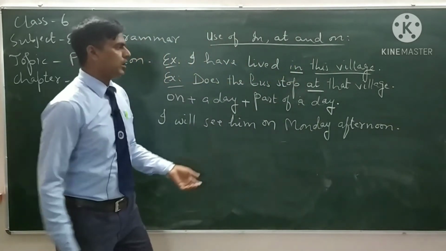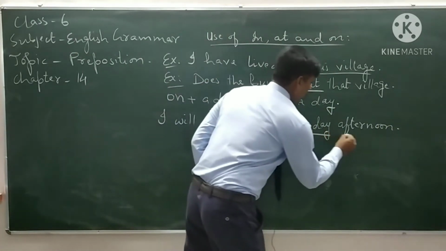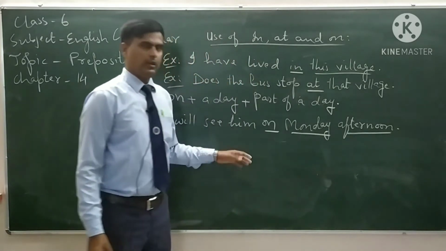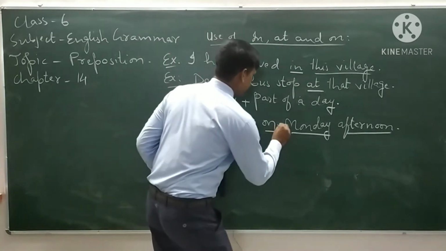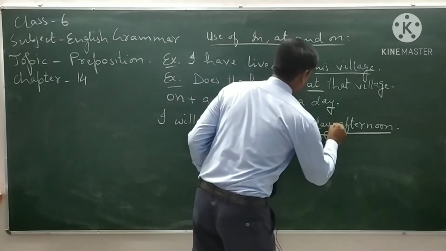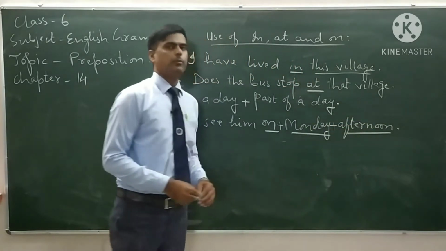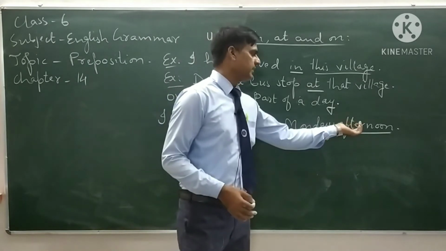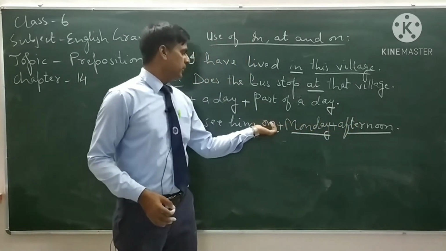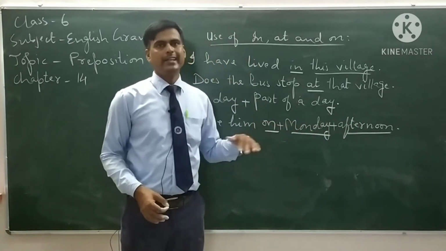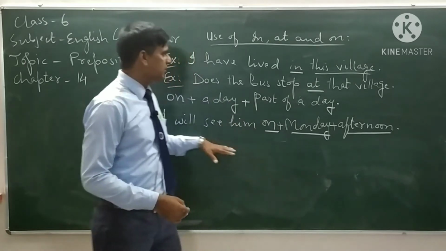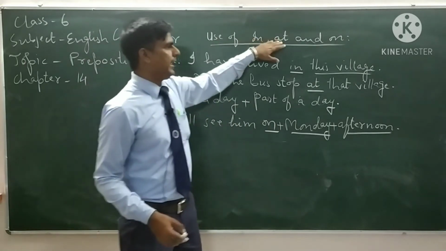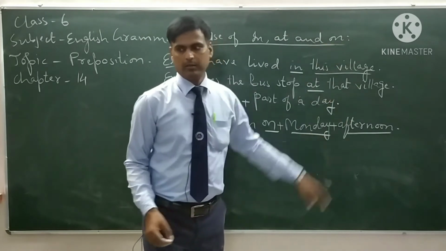See, we have used in this sentence on plus Monday, a day, and afternoon, part of a day. So if there is a day and part of a day, we will use the preposition on in that sentence. So these are the uses of in, at and on.